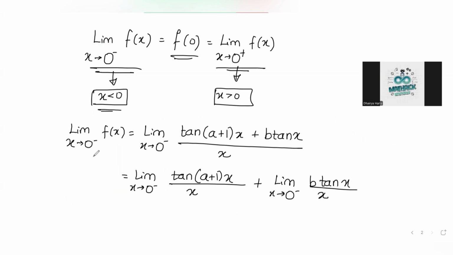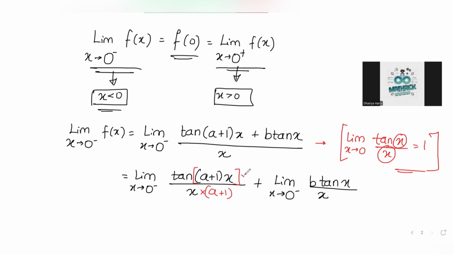For the limit of tan, I should have the same coefficient in the denominator as the angle, so that it makes 1. I have (a plus 1)x here, so I should also have (a plus 1)x in the denominator. I'll multiply with a plus 1 and also divide by a plus 1.